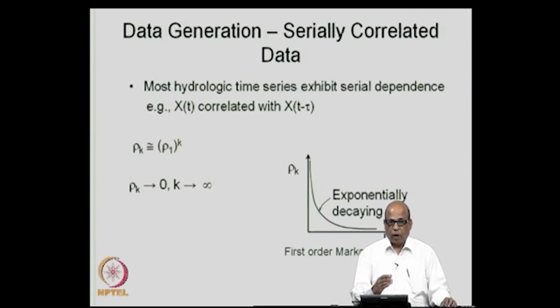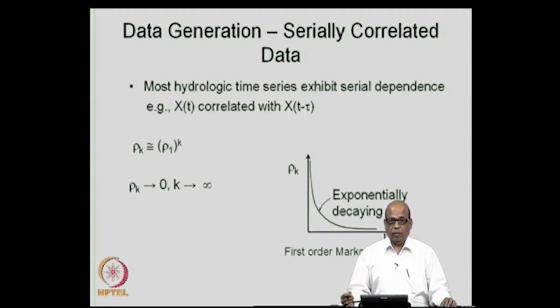That means x t plus k depends on x t plus k minus 1, or x t depends on x t minus 1. If the memory is only to the limited extent of the previous time period, then you can use the first order Markov process.